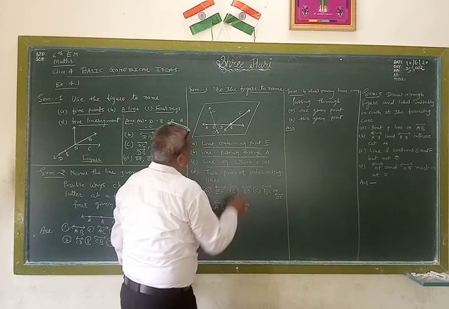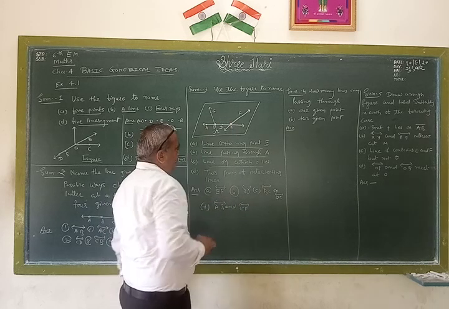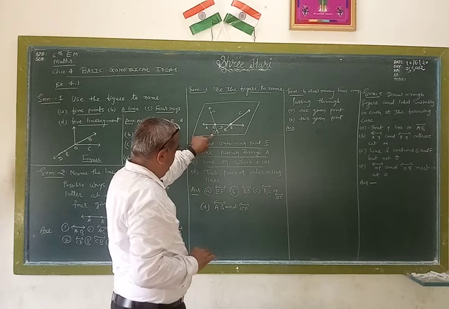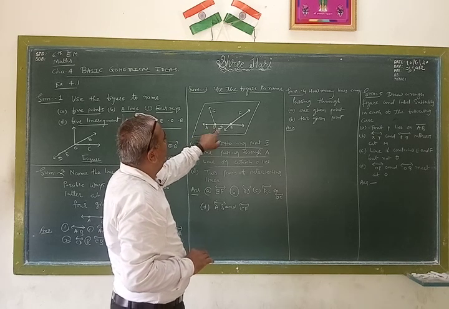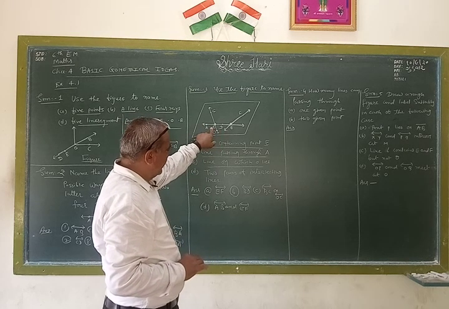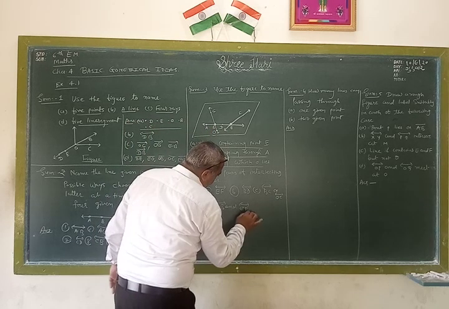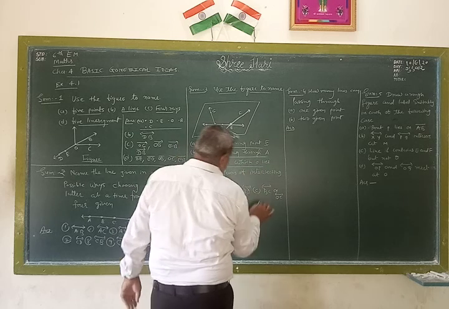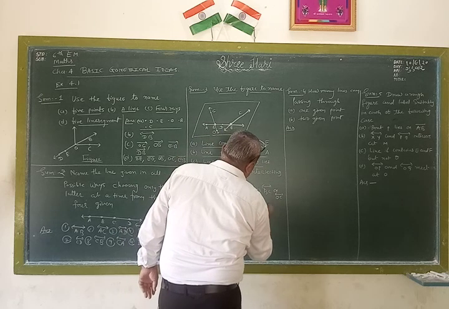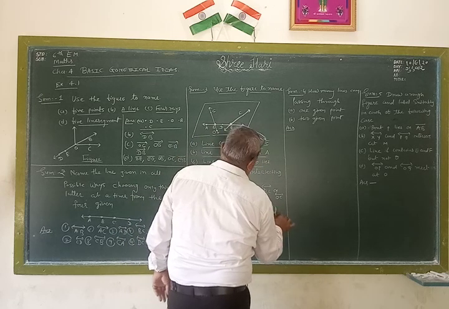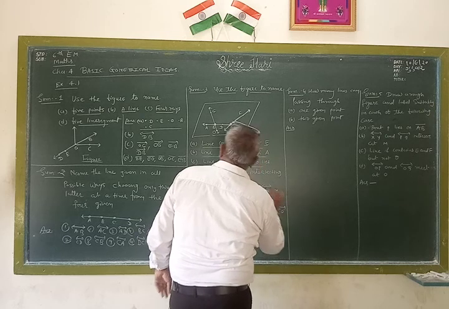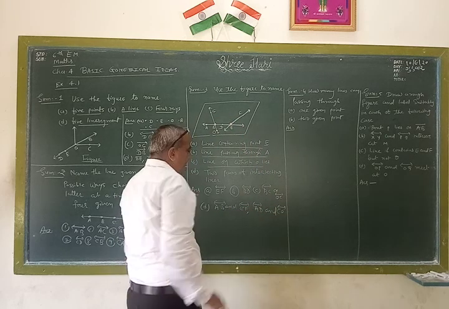You can see here line CO and line AD also intersect at point B. So our second pair is line AD and line CO. Both intersect at point B.